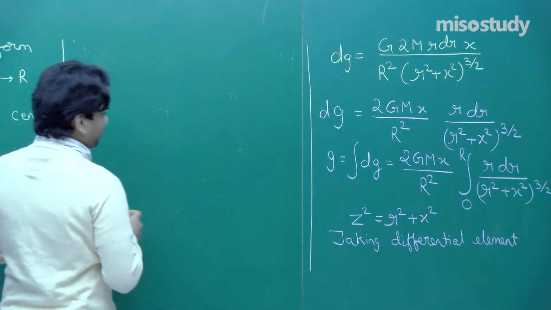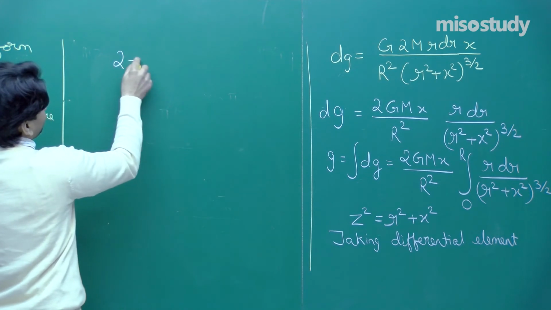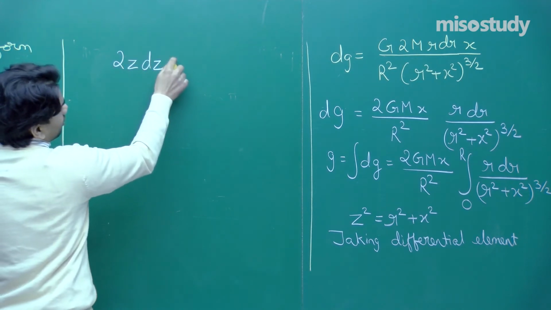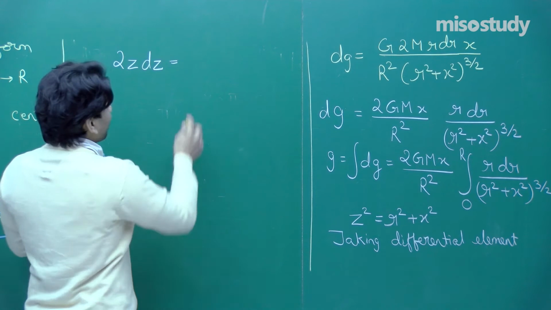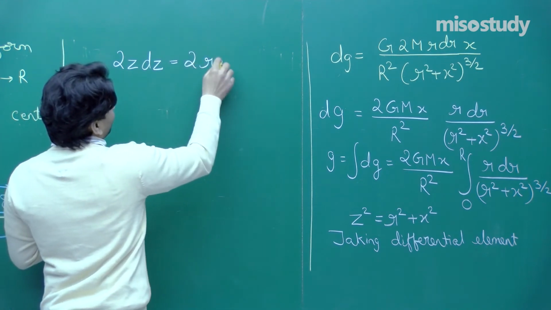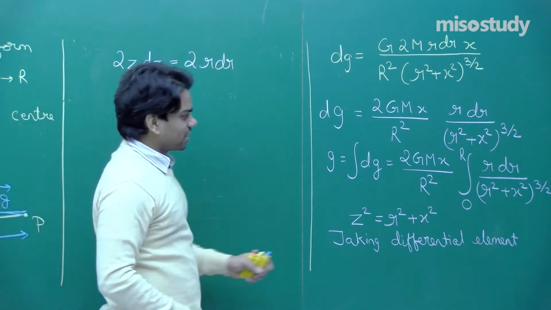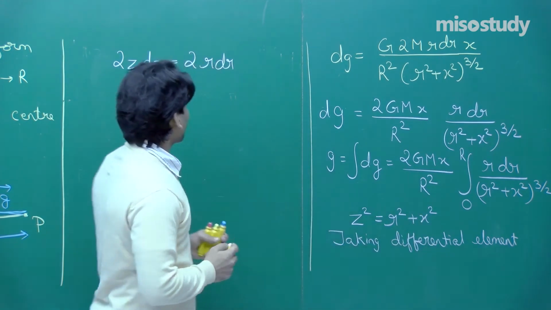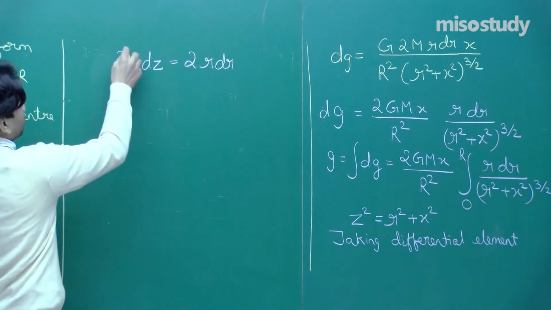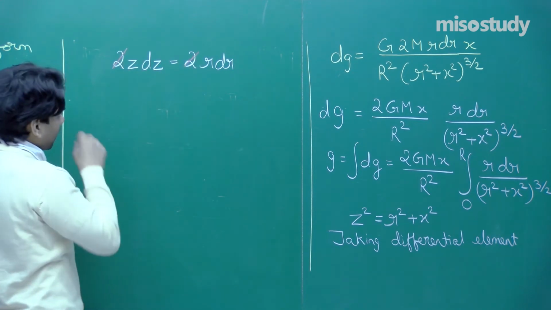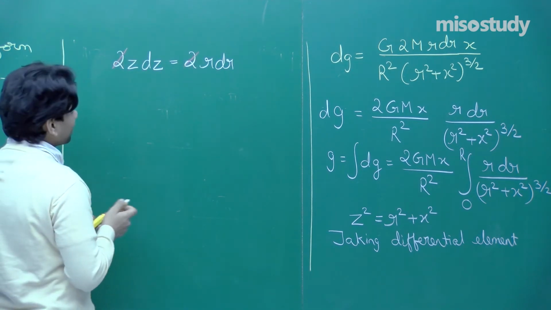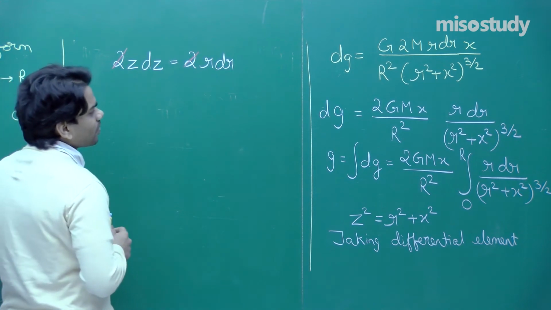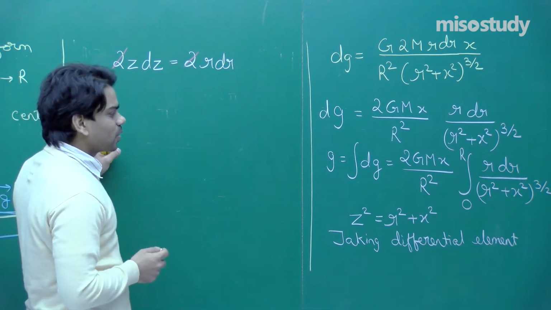Taking differential element, we will be obtaining 2z dz because z is also varying. Small r is varying, so let's keep it as 2r dr, and x is constant. See here, x is constant, its differentiation will be 0. 2 and 2 cancel out, so r dr we obtained as z dz, that we can substitute, and r square plus x square comes out to be z square.